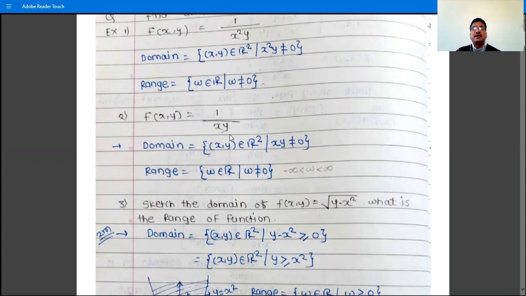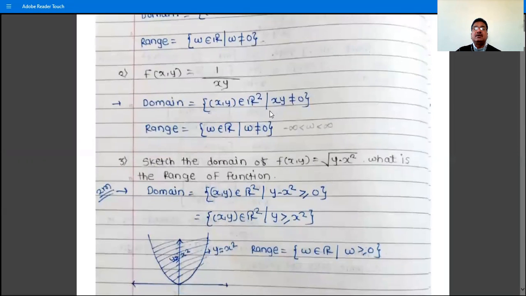We have 1 by 0, the answer is infinity. So range is what? Again, W belongs to R, such that W is not equal to 0. That is, the element is not equal to 0, because 1 by x into y is not equal to 0.